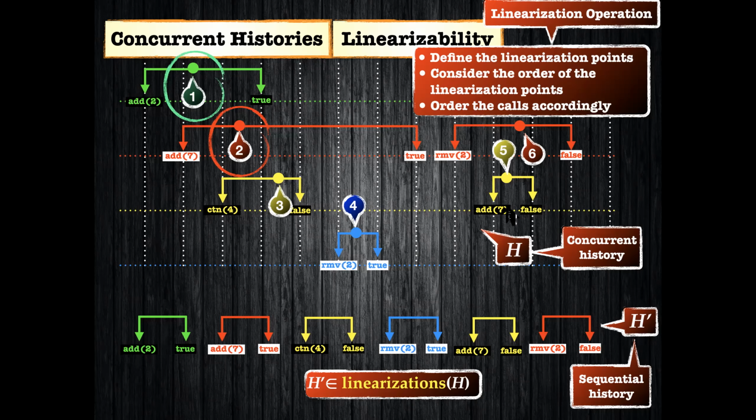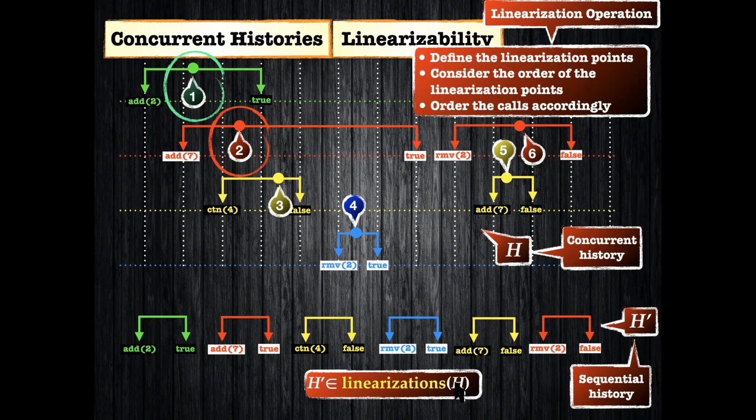Then we order the calls accordingly, taking the order of the concurrent calls according to the order of the linearization points. This allows me to generate a sequential history from the concurrent history. H prime is a sequential history, and we say that H prime belongs to the set of linearizations of the concurrent history H.